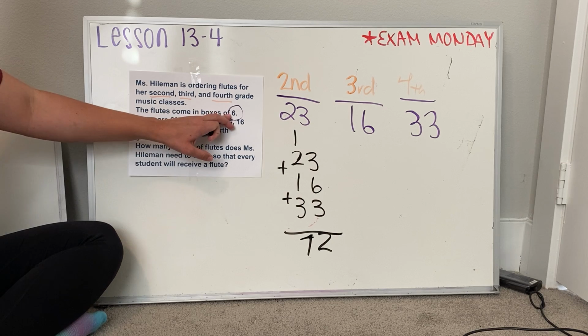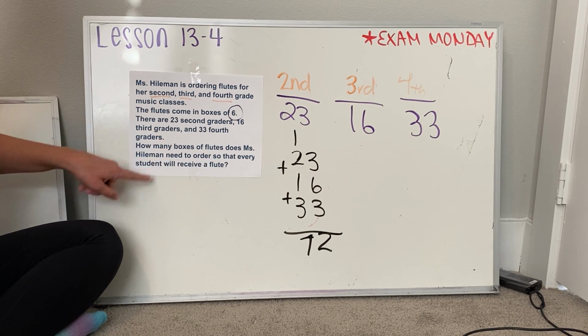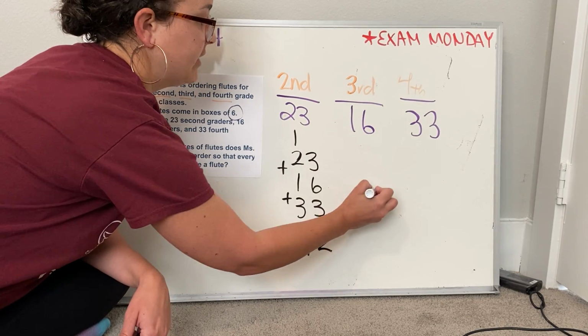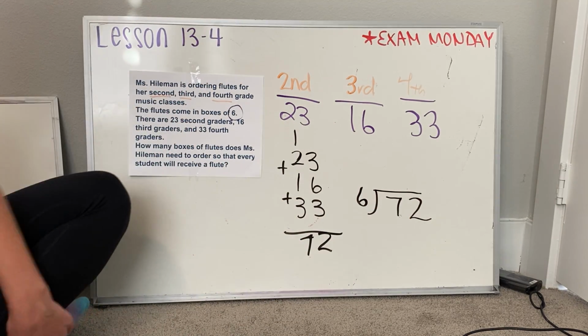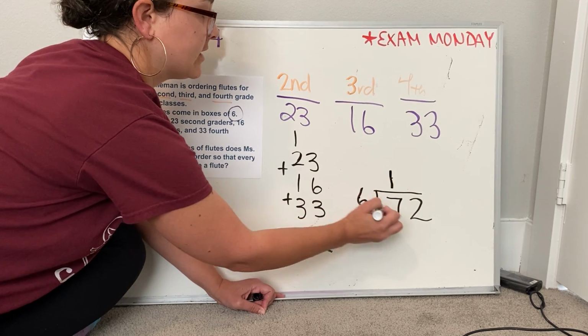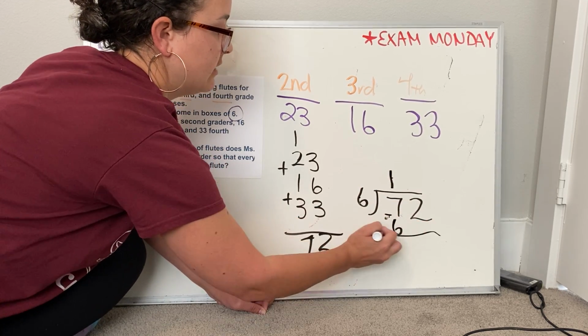And the flutes come in boxes of 6. So how many boxes of flutes does Miss Heilman need to order? I will need to divide 72 divided by 6. Okay, so 6 goes into 7 one time. 1 times 6 is 6. Subtract.